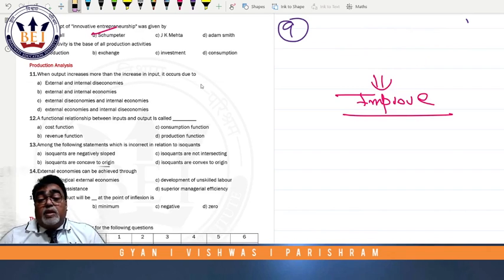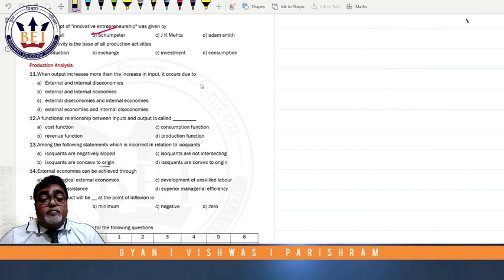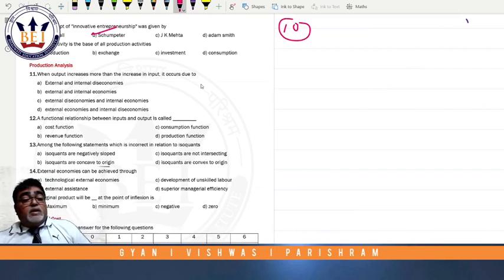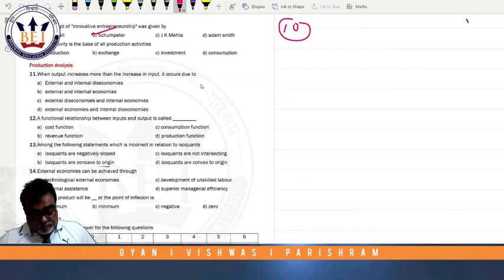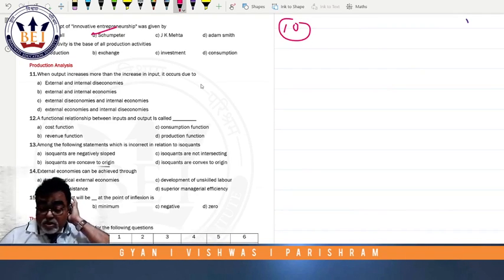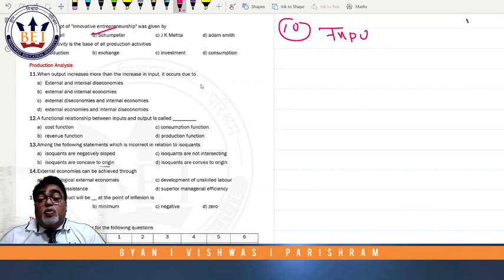Now question number 10. Which activity is the base of all production activities? Production activity. Initially, production was called input to output.